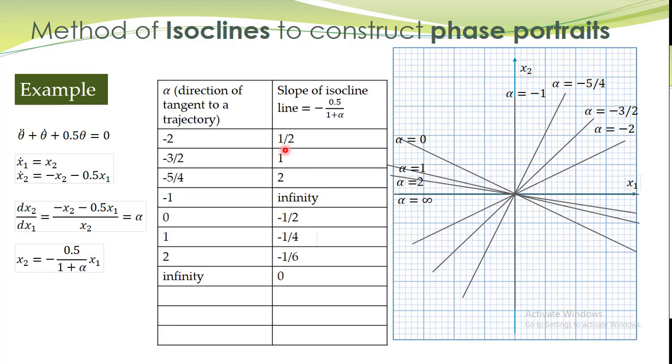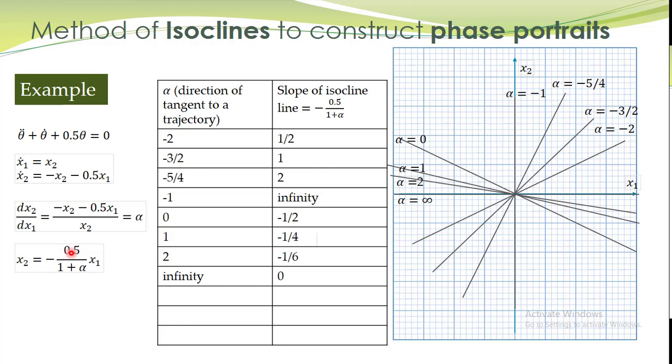If you do not feel convenient with this one, simply take some numerical values of alpha. For example, start from minus 2, and then you will of course would like to take minus 1.5, minus 1, 0, 0.5, 1, and so on in that particular way. Corresponding to that alpha, determine the slope of these isoclines, use a protractor to draw those angles.